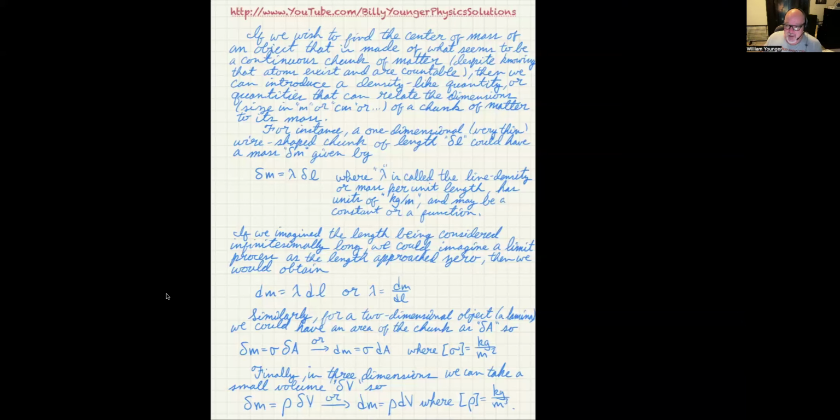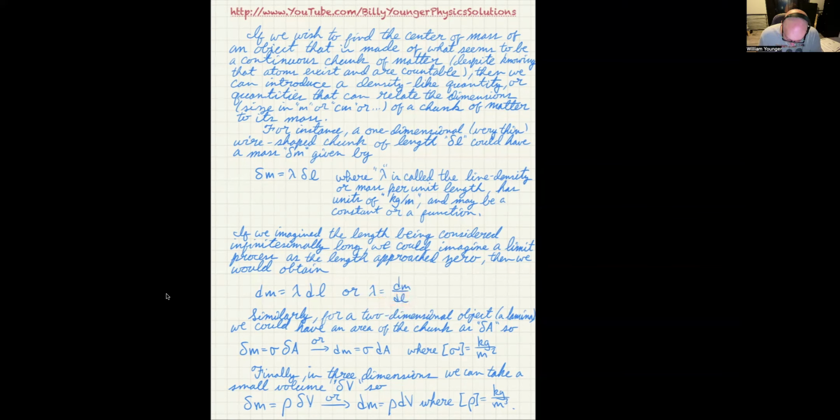Similarly, a delta A becomes a dA, and a small volume delta V becomes infinitely small as we take the limit as delta V approaches zero. And then instead of delta M equals lambda delta L, we get dm equals lambda dL. And just for the record, that means lambda would be dm over dL. That's another way of solving for it.